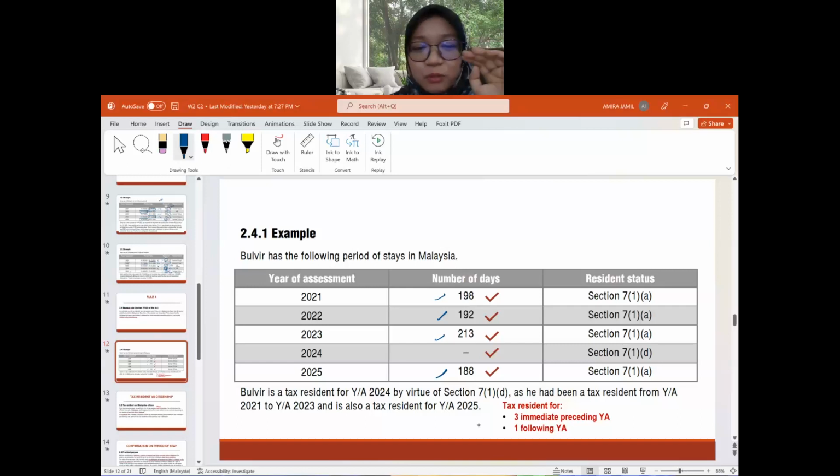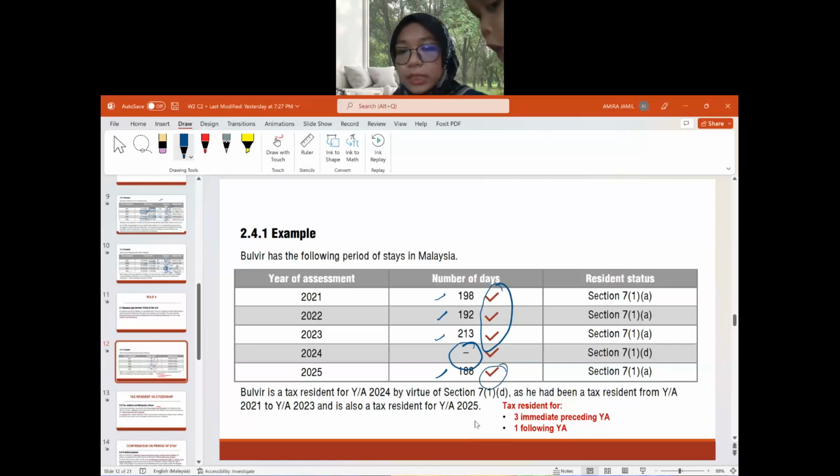And then for YA24, he is not in Malaysia at all. No days in Malaysia at all. But under the unusual rule, under rule number 4, he is considered as a tax resident because he is in Malaysia for 3 immediate preceding years and 1 following year of assessment.